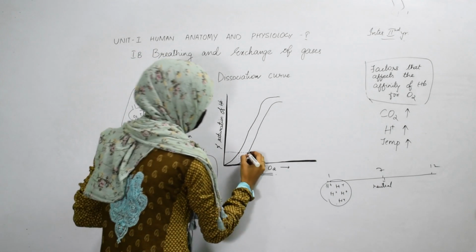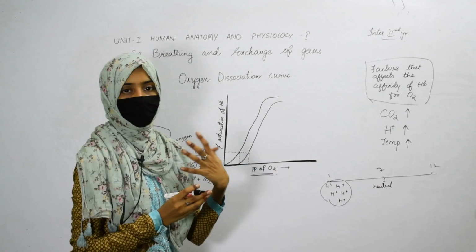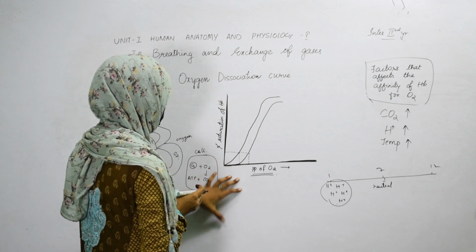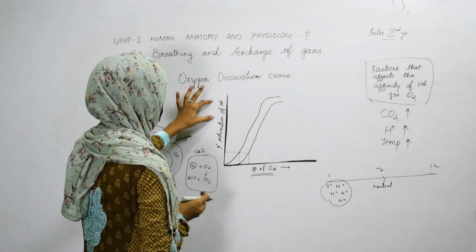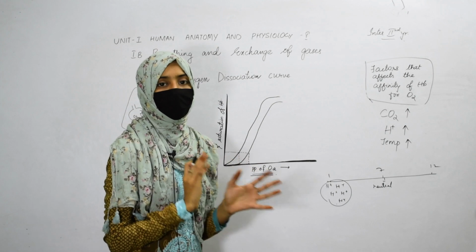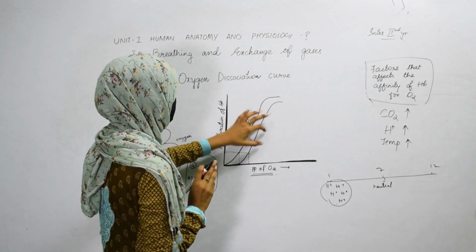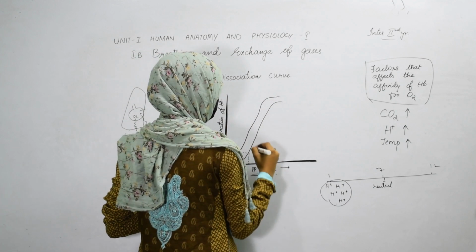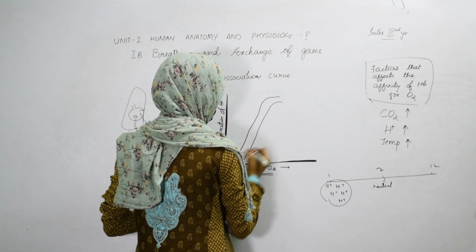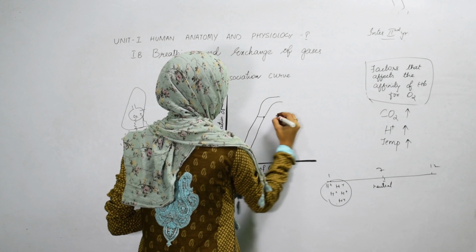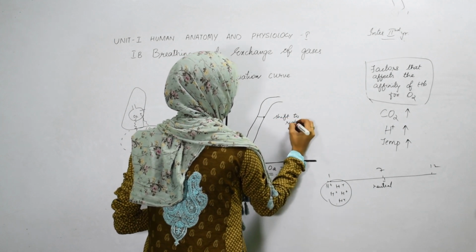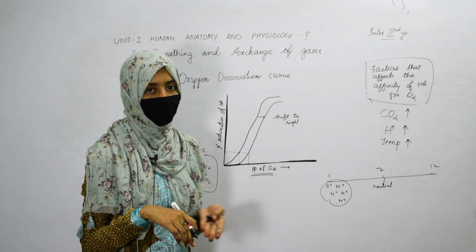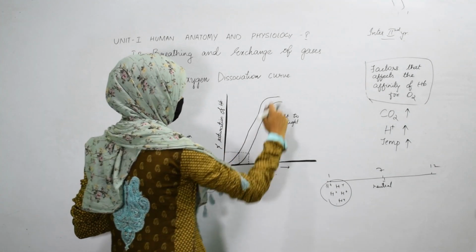The percentage of saturation of hemoglobin varies in different places, in the blood, in tissues as well as in lungs. In the blood it shows a sigmoid curve, but in tissues it is shifted to the right. This is called a shift to right. That means the affinity of hemoglobin to bind with the oxygen is less in the tissue. So, this type of curve can be seen.